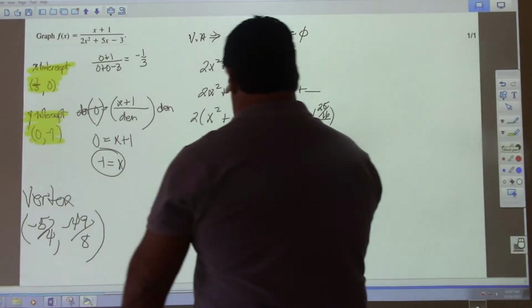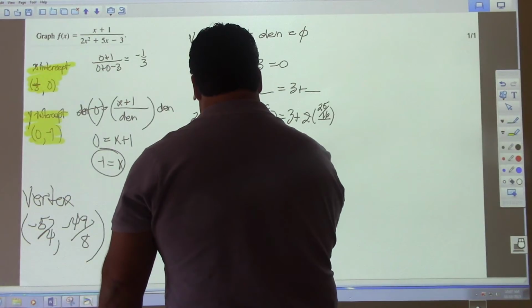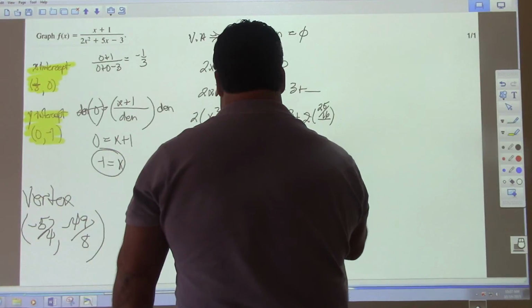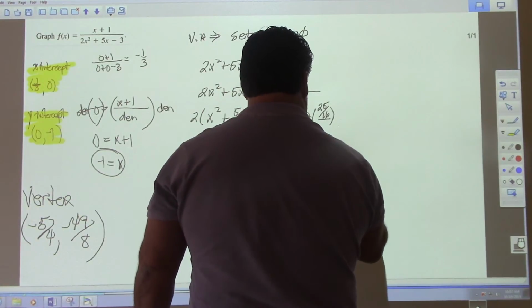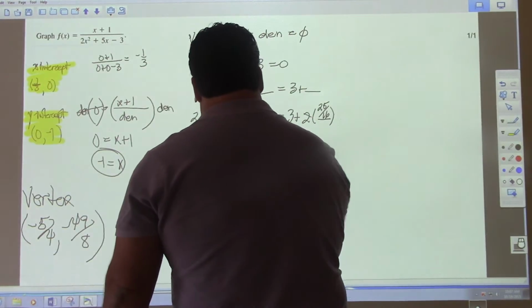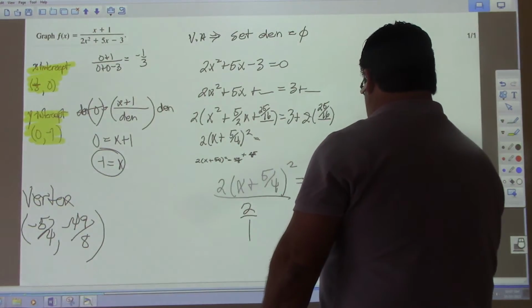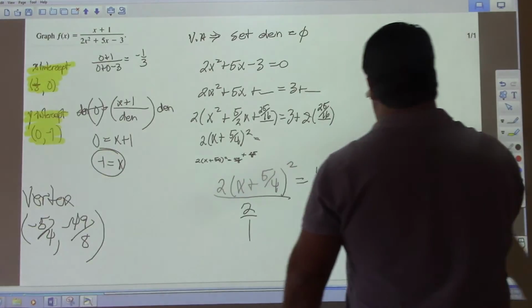So, y'all got to help me out. 2 times x plus 5 fourths quantity squared is equal to 49 eighths, right? Yes. All right. Divide by 2 over 1, multiply by 1/2. Hey, we get our 16 back.